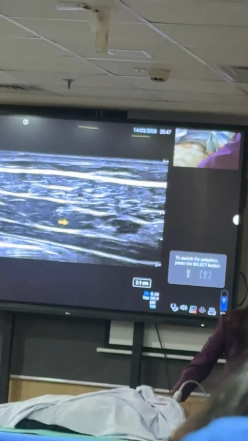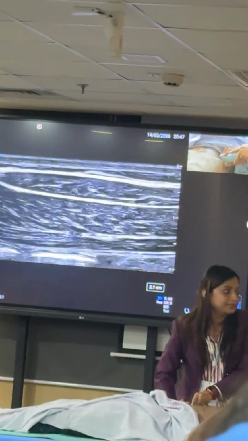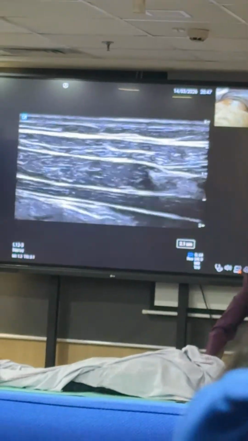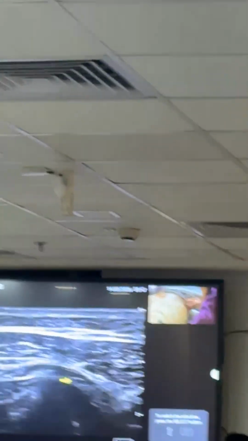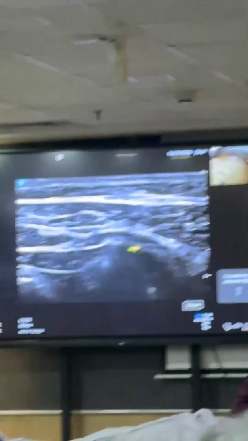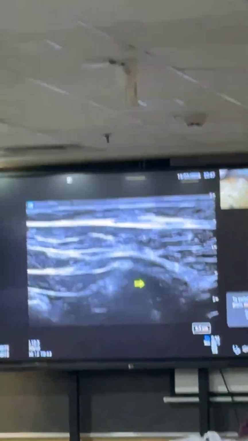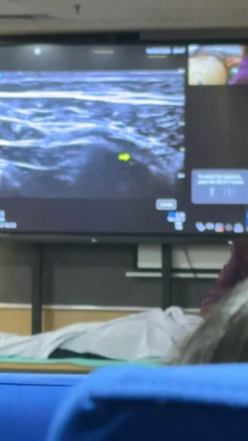Okay. So if I further trace it posteriorly, can you see the transverse aponeurosis? Can you see the transverse abdominis is coming to a halt here? And for a very short distance, it is forming an aponeurosis. And below, what you appreciate here is the fat.